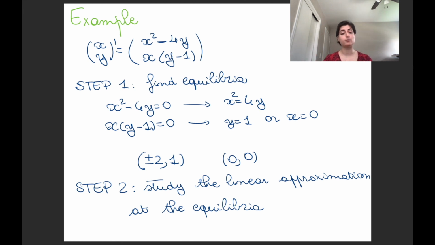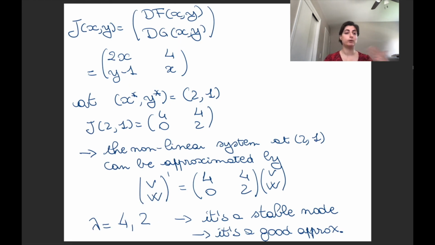Then we study the linear approximation at each of these equilibria. Let's go for it. We compute the Jacobian, the derivatives of f and g with respect to x and y. So we have the matrix (2x, 4; y, minus 1, x). At the first equilibrium, the equilibrium (2, 1), our Jacobian becomes (4, 4; 0, 2).